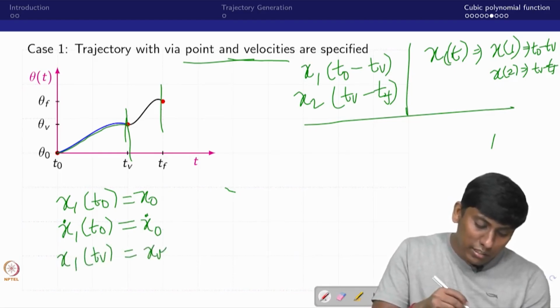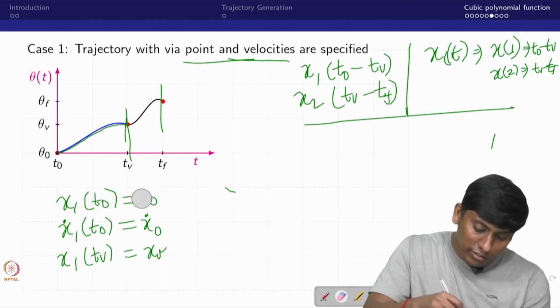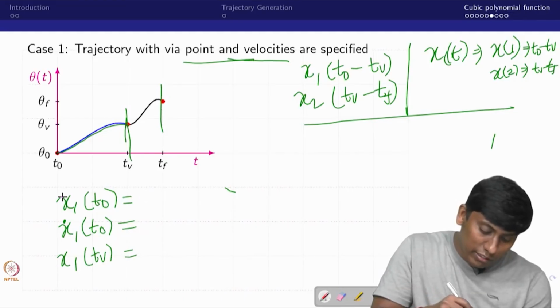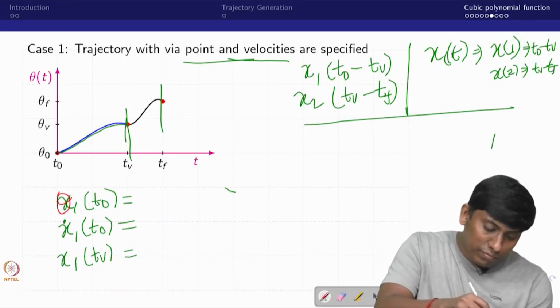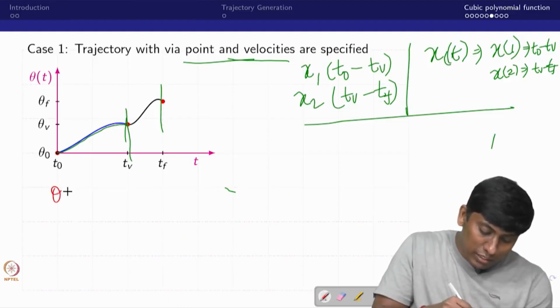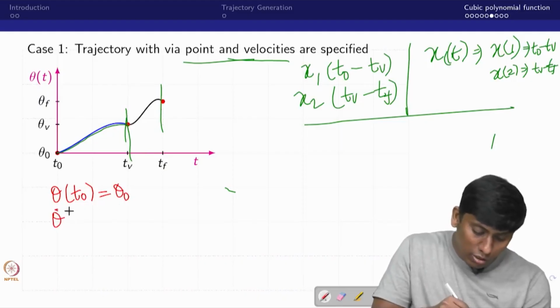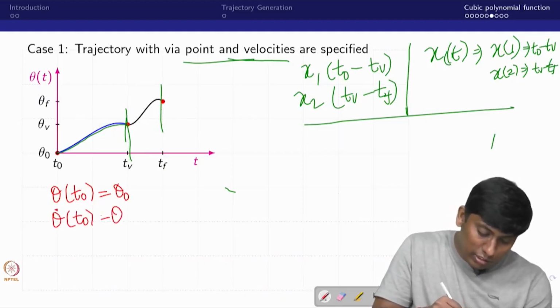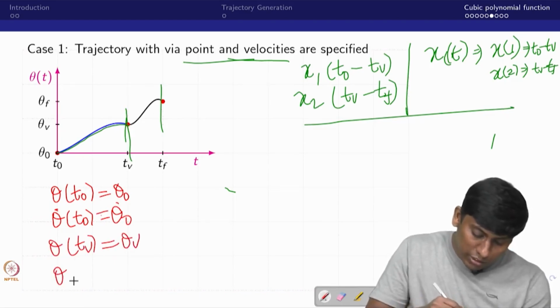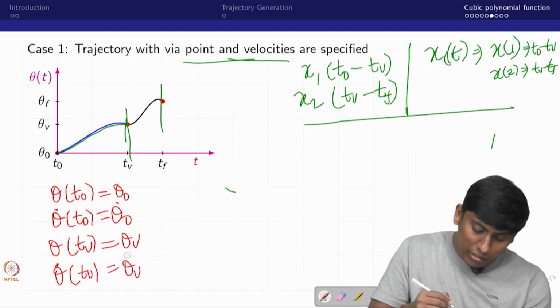In this case I will write it consistently, so I'll write it again with theta. Theta of T0 is theta 0, and theta dot of T0 is theta dot 0, and theta of TV is theta v. Okay, so theta of TV is defined like this.